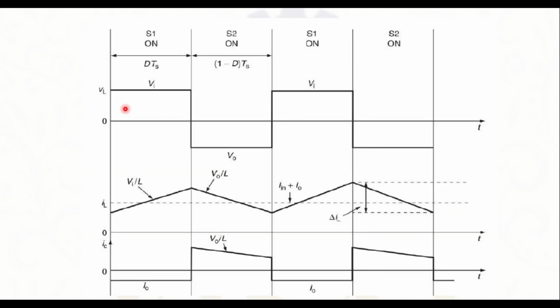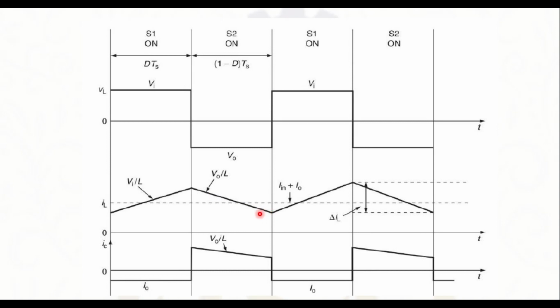We can see from this figure that during D·Ts time, the voltage across the inductor is Vi, and during (1 minus D)·Ts, the voltage across the inductor is minus Vo. Similarly, during S1 on time, the current through the inductor increases, and at this point the current through the inductor cannot change instantaneously, so it starts decreasing.